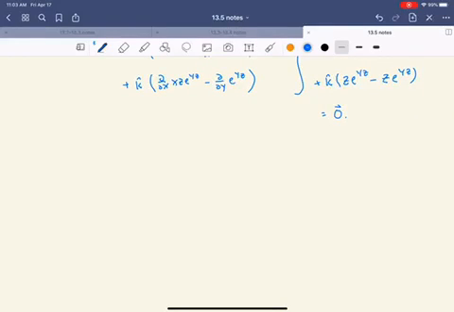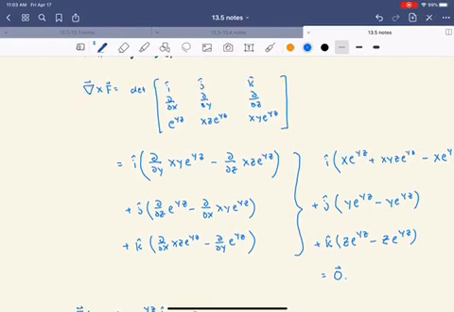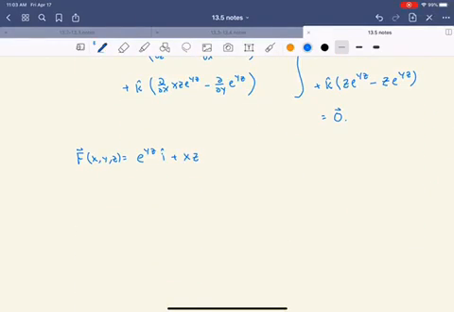So we have our F, our vector field, which now we know is conservative, is e to the yz i hat plus xz e to the yz j hat plus xy e to the yz k hat.